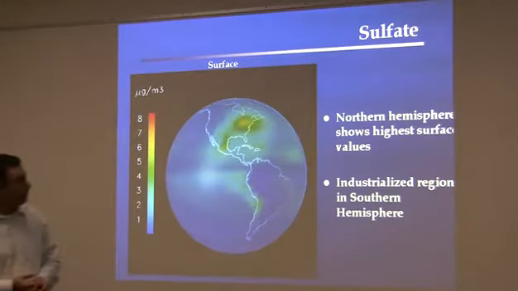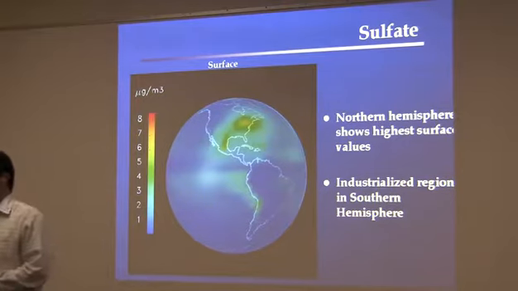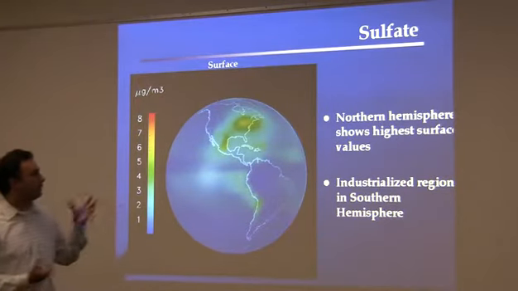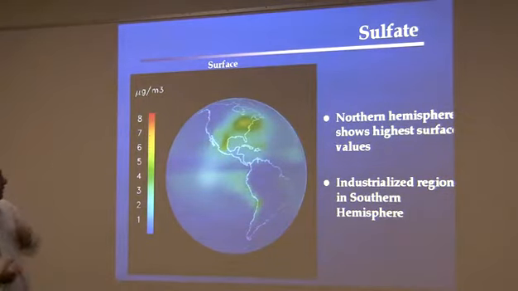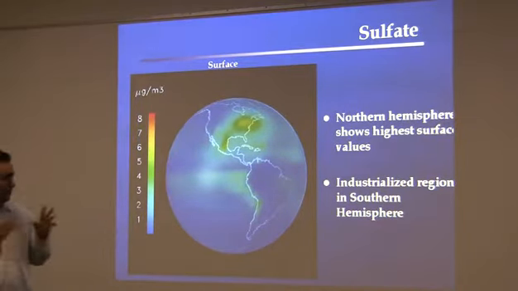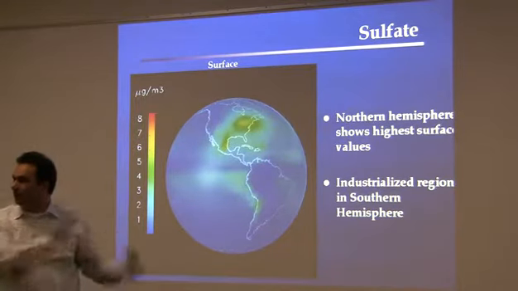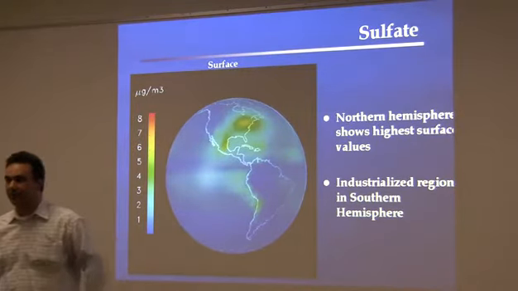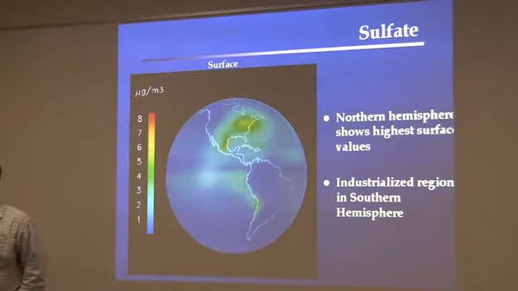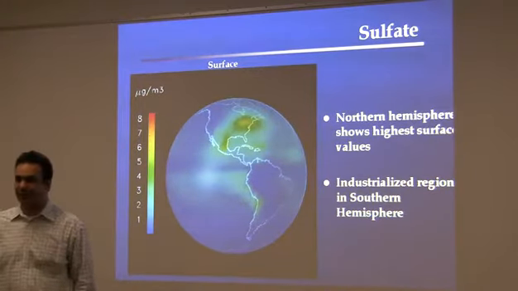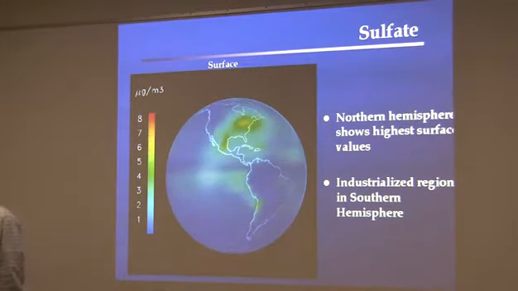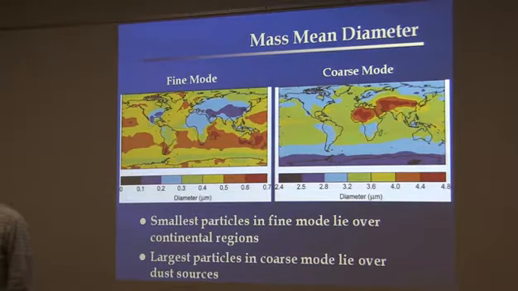One of the famous results that came out of the CTM community is that, of course, the northern hemisphere shows the highest values of sulfates, and you can see the distributions and animations and things like that. So I like to provide different examples of some of the very classical research results that came from each of these models.